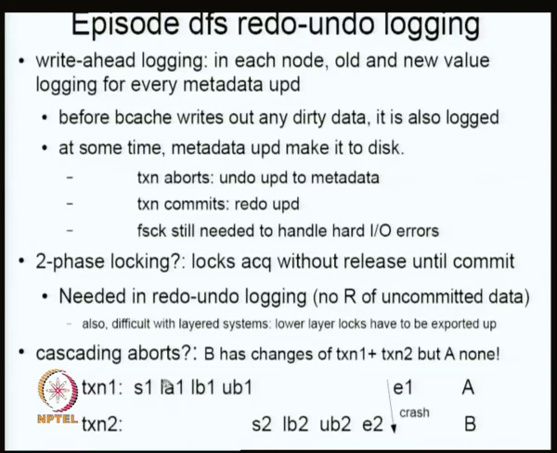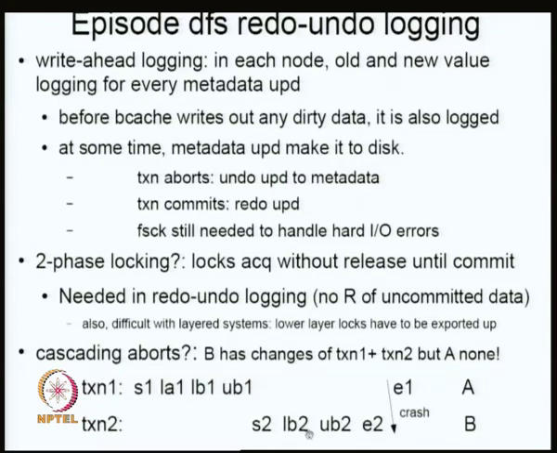Suppose there is some connection between this data and that data. So in some sense, this transaction has looked at modified versions of this data, and then it completes, but before transaction 1 commits, let's say there is a crash. All this was sitting in temporary memory. In a sense, transaction 2 is a subtransaction of transaction 1.